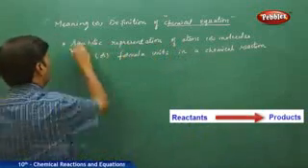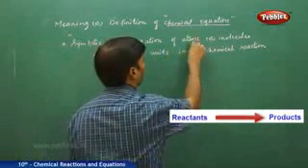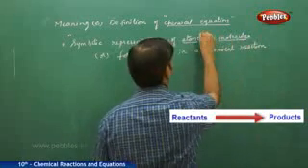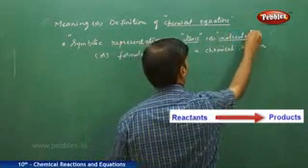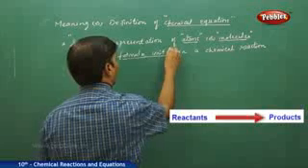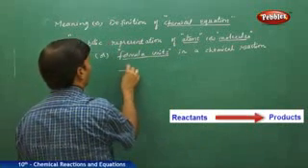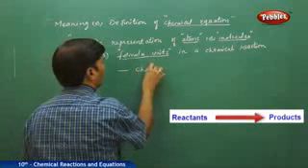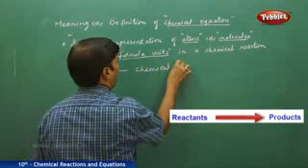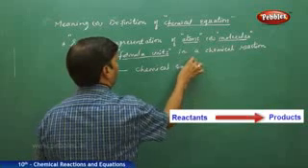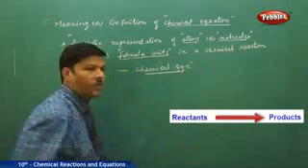In a chemical reaction, the symbolic representation of atoms or molecules or formula units is simply called the chemical equation.